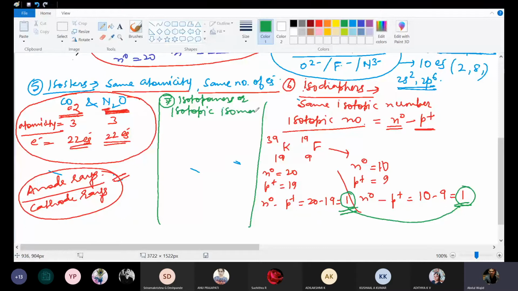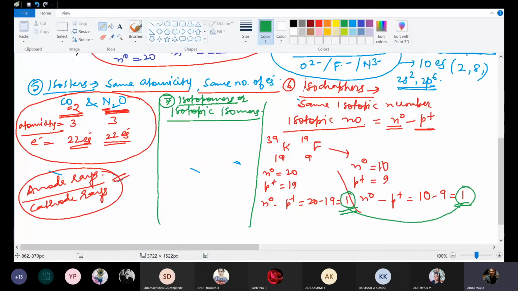I have taken the complete isoterms from the entire chemistry. They will be in different chapters or parts of chemistry, organic, inorganic, physical, but I have taken all of them together so that it will be easy for you to handle and remember.